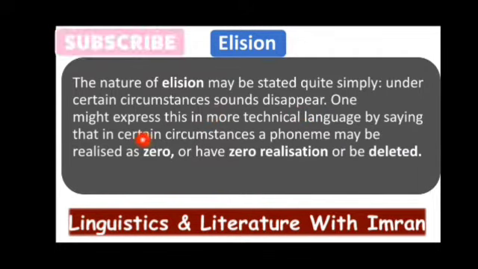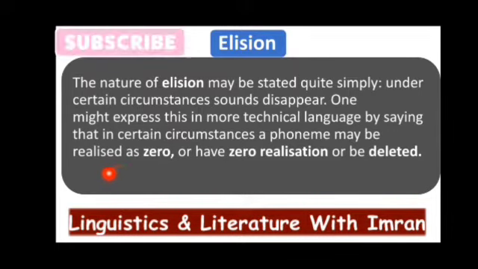One might express this in more technical language by saying that in certain circumstances a phoneme may be realized as zero. So when there is zero realization of a phoneme, technically we call it elision, right?